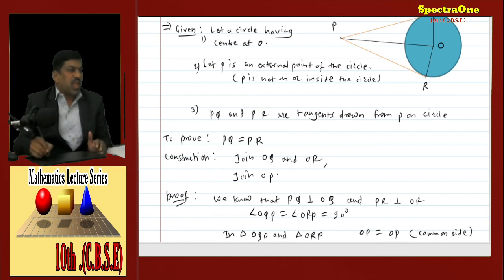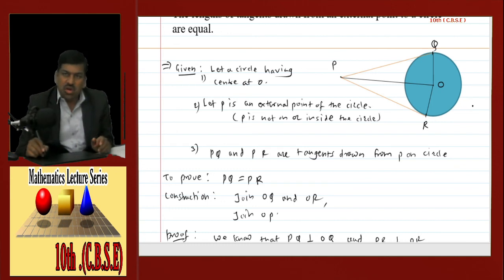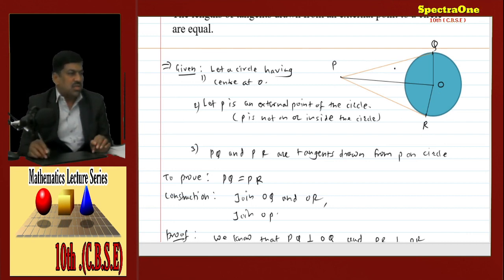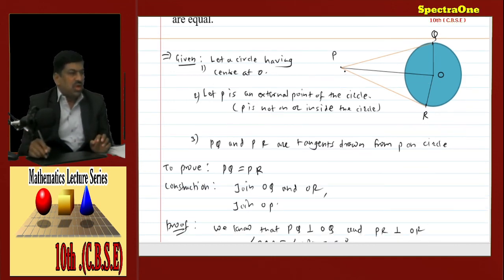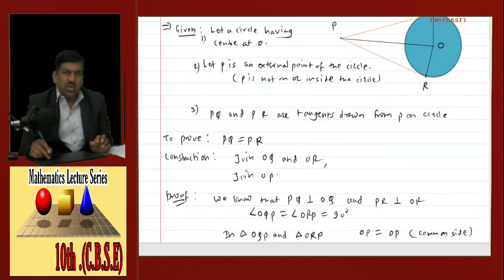Are you getting how we have proved this? What was the theorem? The lengths of the tangents drawn from the external point to a circle are equal. P is the external point. This is the circle, O is the center. From that P we have drawn two tangents PQ and PR, and we have to show that PQ and PR are equal. So we joined OQ, OR and OP. By the last theorem, the tangent is perpendicular to the radius at the point of contact, so angle OQP is 90 degrees.